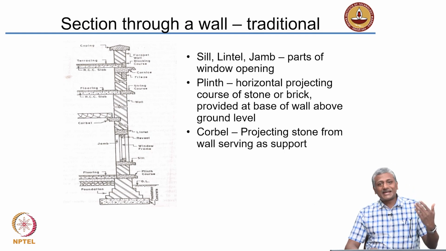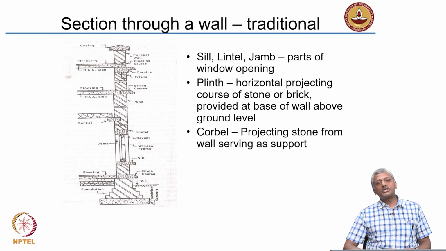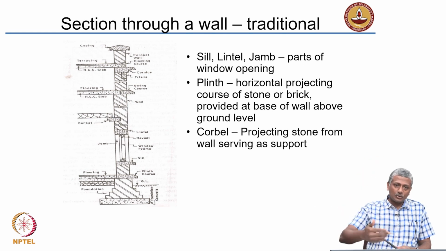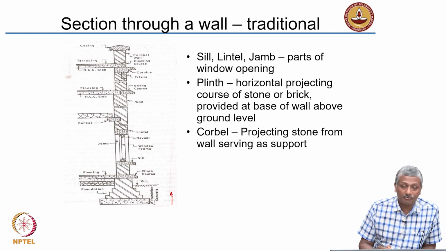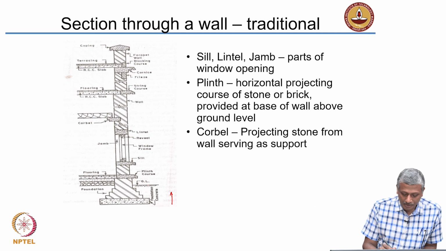Now, if you look at a section taken through a wall in a traditional building which typically combines brick and stone. So, most of the traditional houses, for example, in the southern parts of the country like Kerala, if you go there and take a section through the wall, this is what it would look like. Coming from the bottom, let us say from the foundation, this is your ground level.